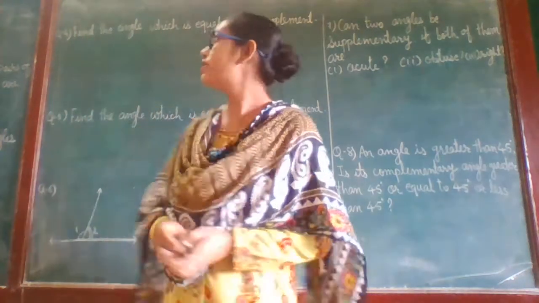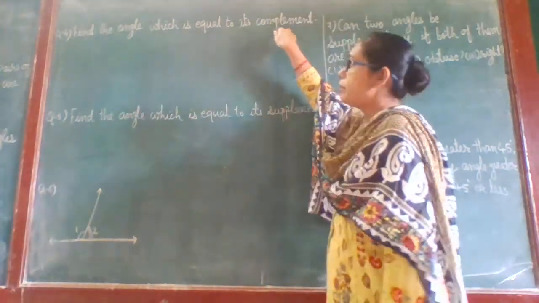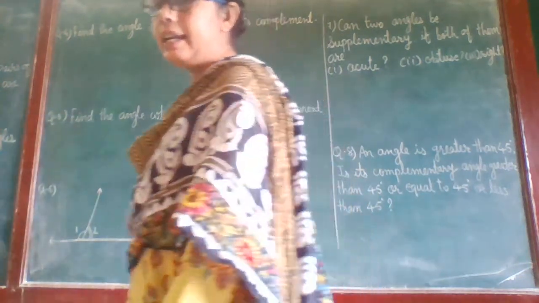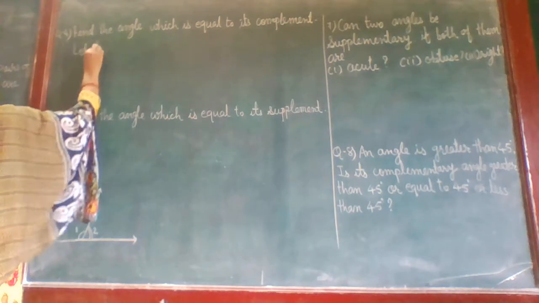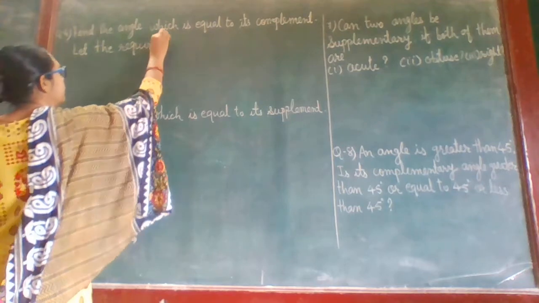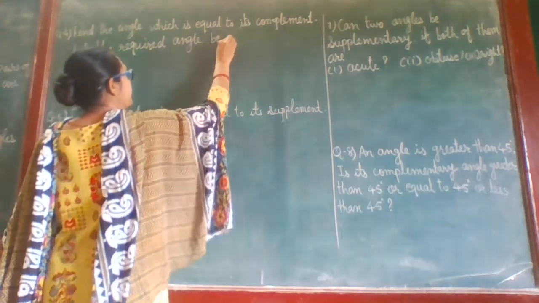Now the next question, find the angle which is equal to its complement. Here the measure is not given to us, so we write: let the required angle be x.